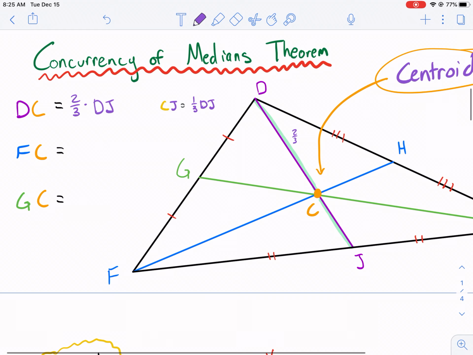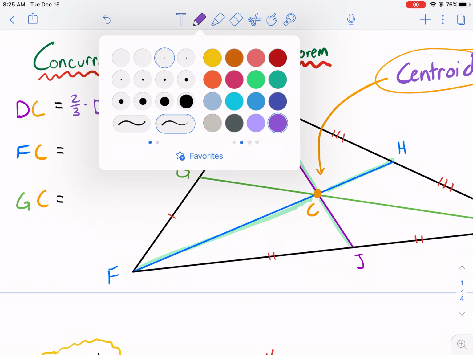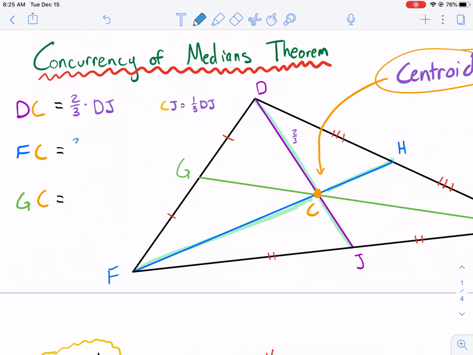We just have to look here, and it's going to be obvious. You're like, oh, how do you know which one's the 2/3 side? Well, one is clearly longer than the other, so one is clearly the 2/3 side, and that's FC. FC is going to be 2/3 of the whole length, FH.